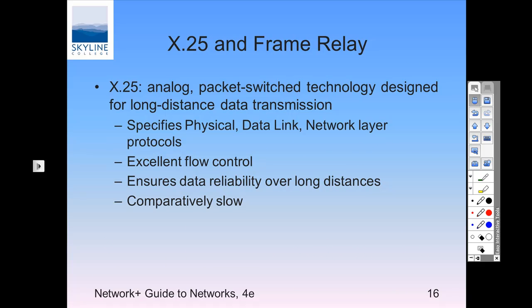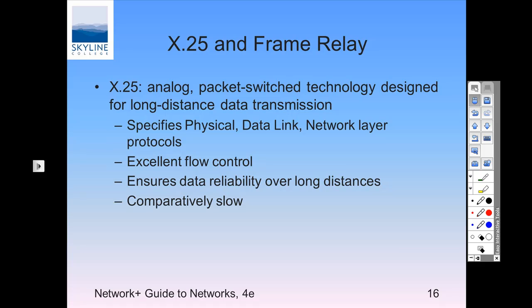X.25 and frame relay are related. X.25 is the analog packet switching used for long-distance data transmission, not really used anymore. Frame relay is its descendant, more reliable, with less configuration required.